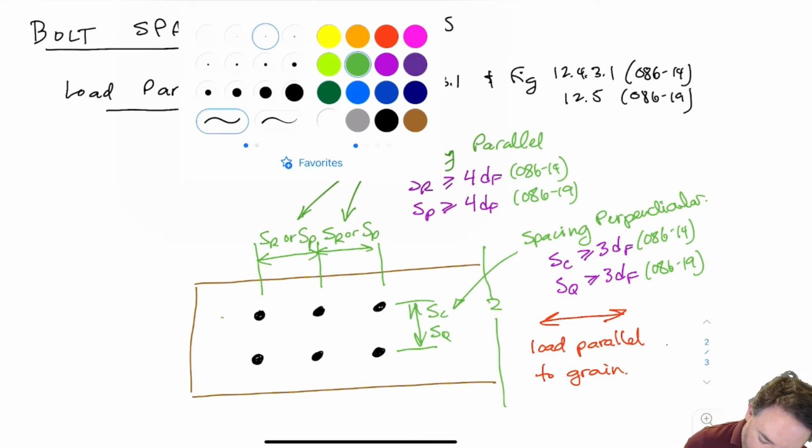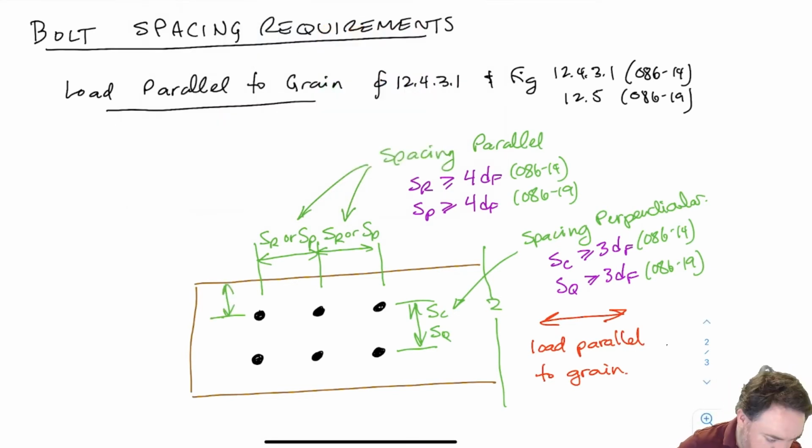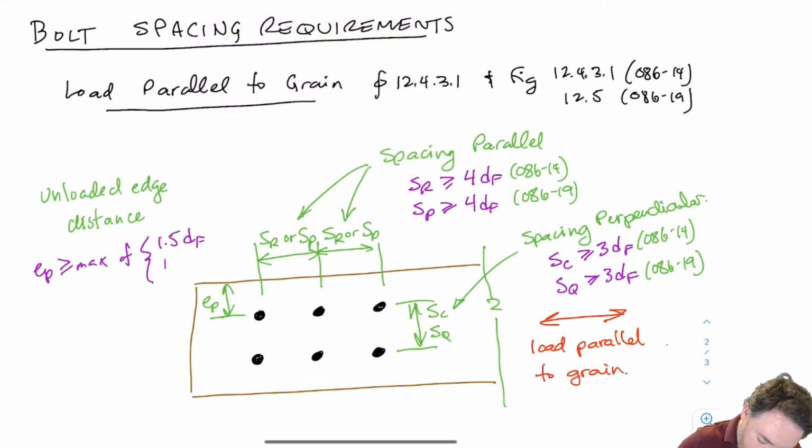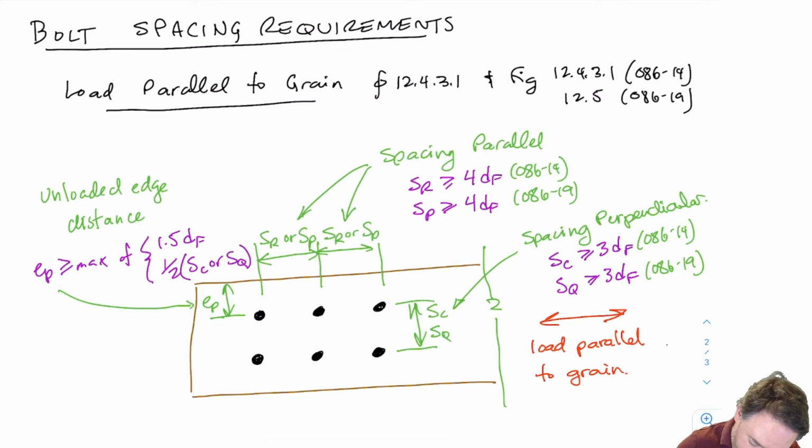Okay, then we have our edge spacing here. This is an unloaded edge distance because the bolts are not going towards the edge, either edge.